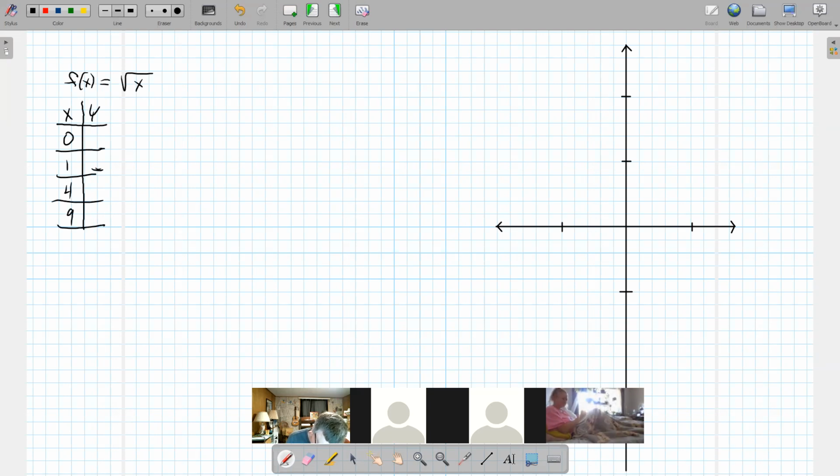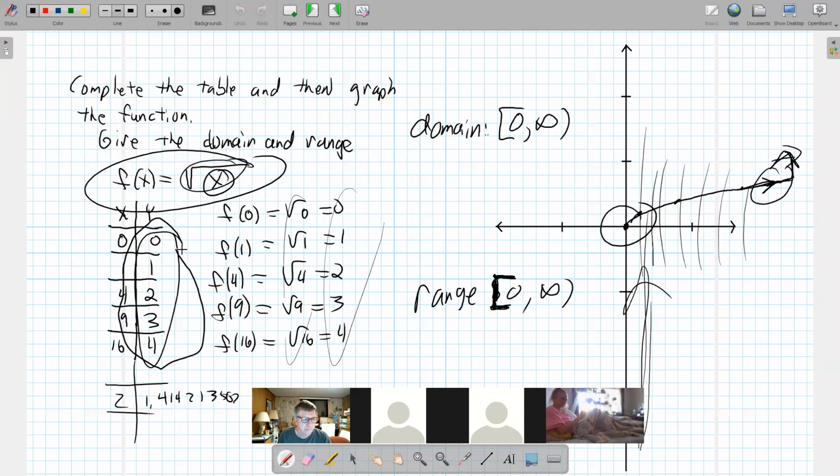And this was 0, 1, 2, and 3. And that graph: 0, 0, 1, 1, 4, 2, 9, 3. So this is one that we did just a little while ago.